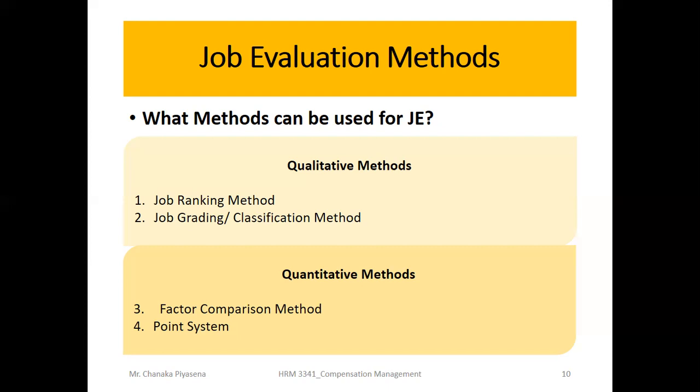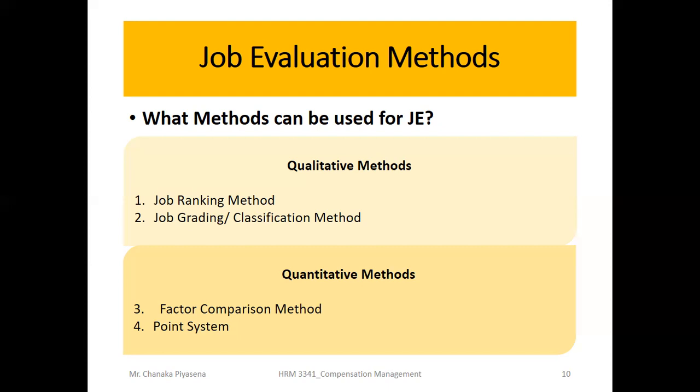Don't misunderstand qualitative and quantitative methods. Saying that the qualitative method is not using numbers and the quantitative method is using numbers is wrong. In both methods, numbers may be used. When we use numbers in the qualitative methods, those numbers do not represent the value, the relative worth of the job.